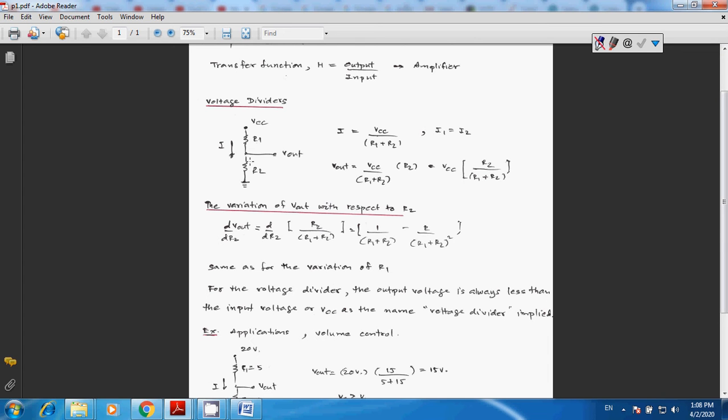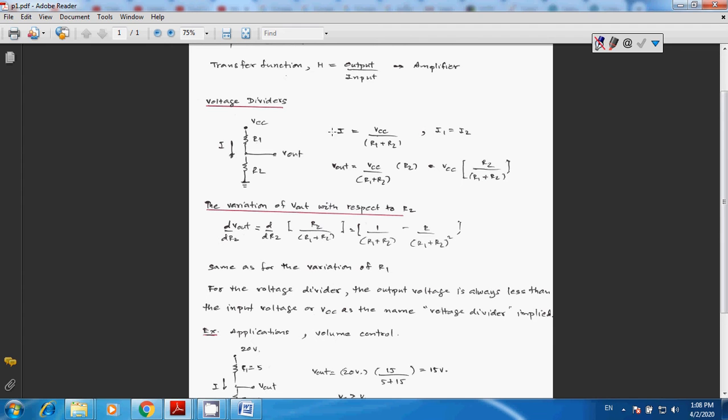For this case, the current flowing to R1 and R2 are equal because both resistors are connected in series. By Ohm's law, you will also be able to find the current flowing to the circuit.